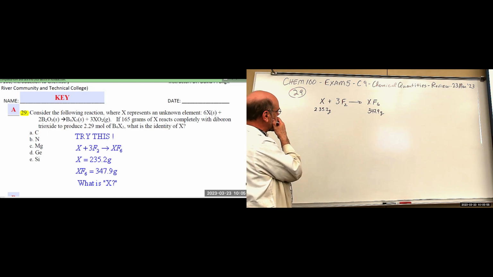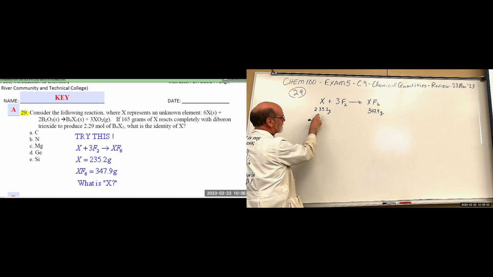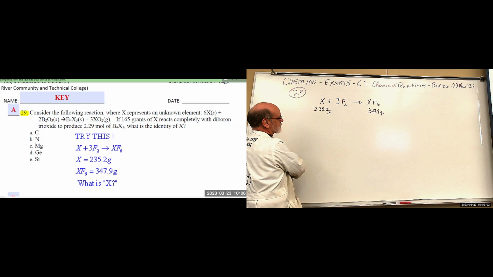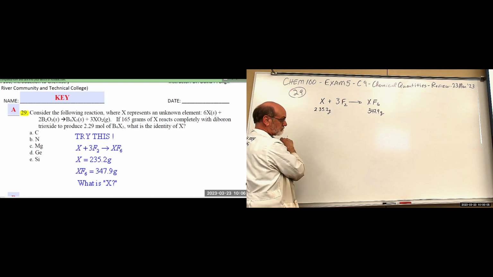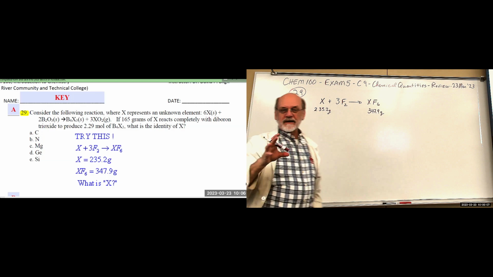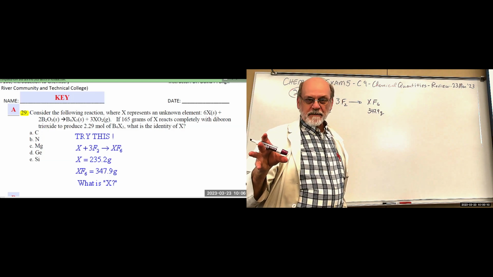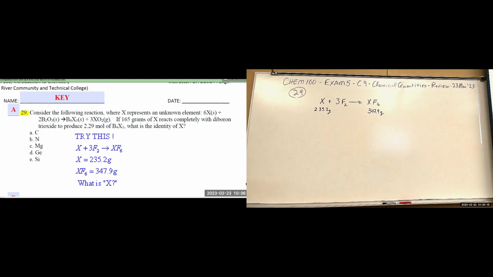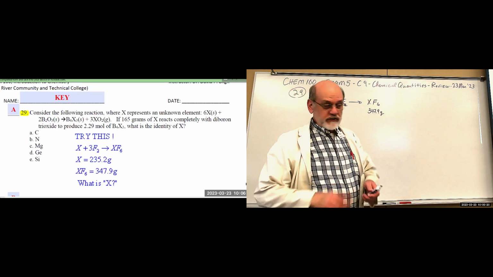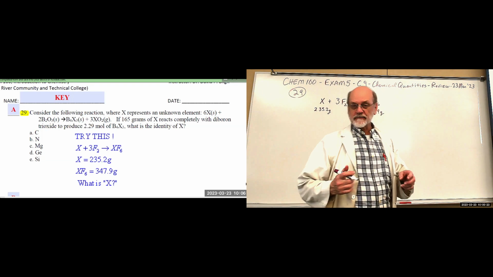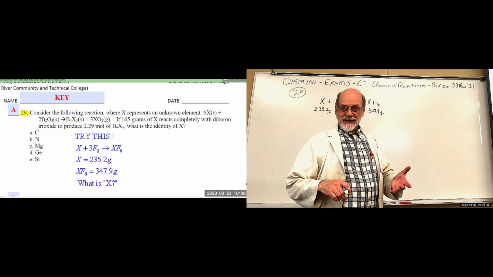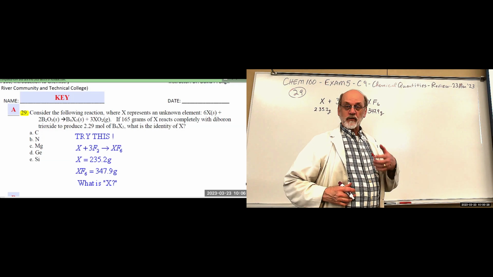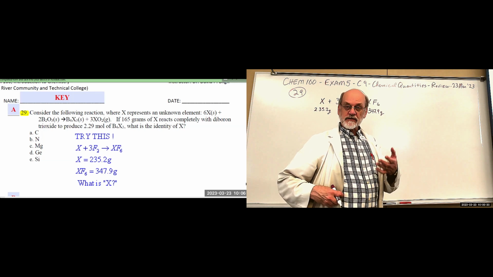Let me see. We need to find out how many moles this represents. So, here's the trick. Remember the conservation of mass in a chemical reaction. That law was proposed by Antoine Lavoisier and was proven correct by experiment and was explained actually by Dalton's law of atomic theory.